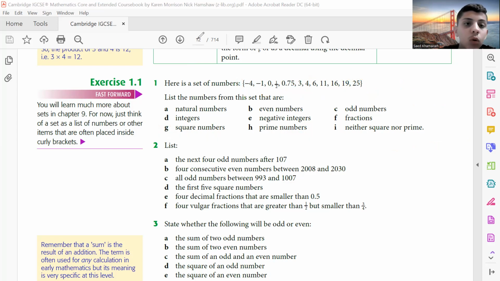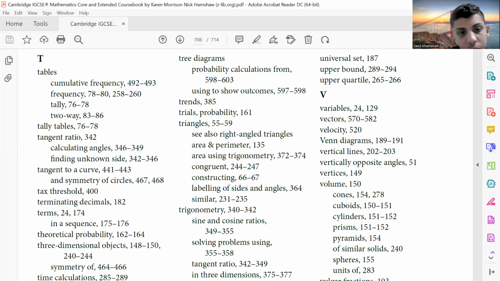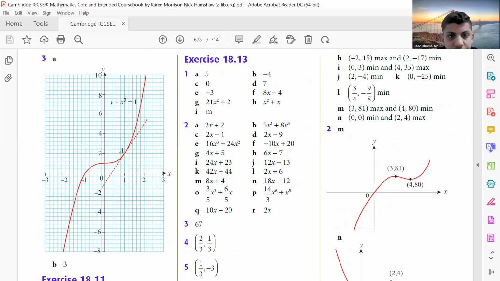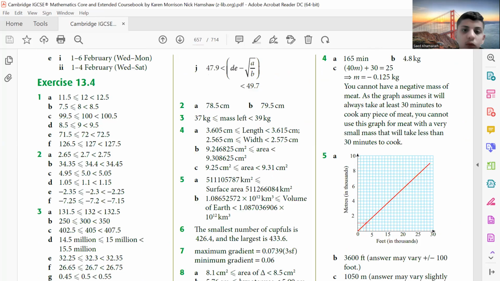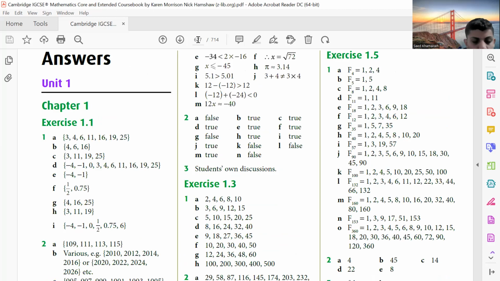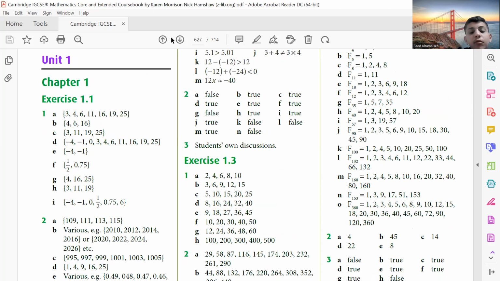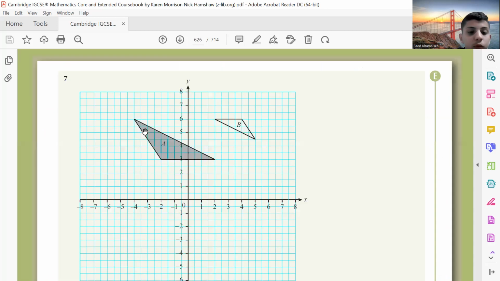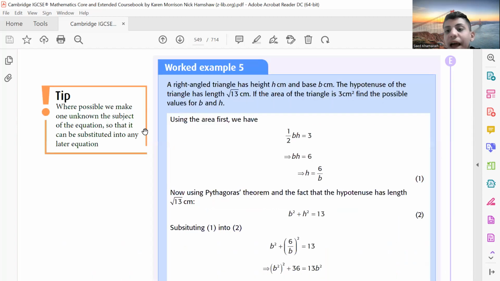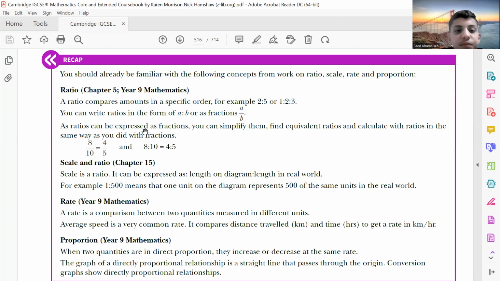Let's go to the page in the book. There are some answers. If you want to know the correct answer, you can see it here. So neither prime, nor square.